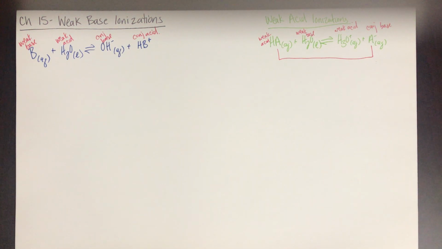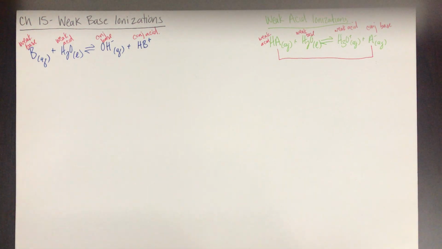But again, you would also know it was a weak base because it would have a Kb. Kb's are only for weak bases because they are the weak base ionization constant. So now it's the Kb instead of the Ka.